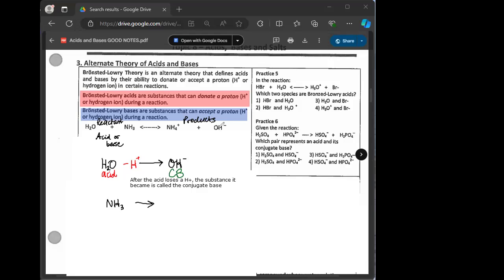I'm sorry, the NH3. We need to figure out what substance it became. So, again, the only difference should be the H. So that means that if it had an N on the left, then it's going to have N on the right.